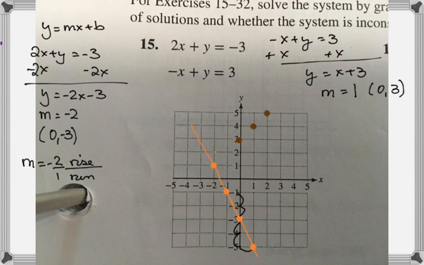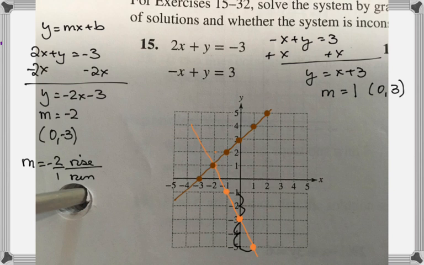So 1 over 1. I just made more points so I can show it better. Here you go. Beautiful. Now we can see that they are intersecting.